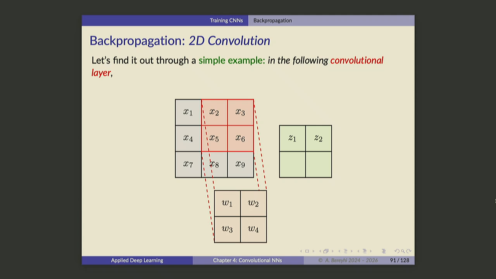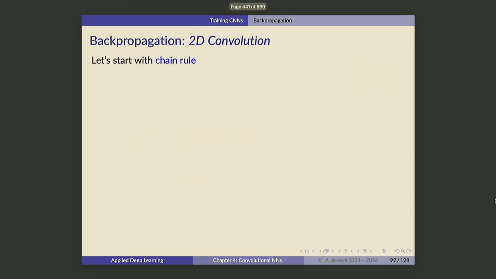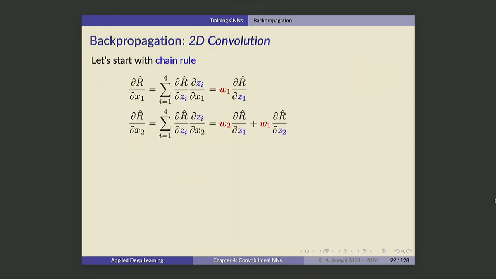You see that? And of course, the other terms are 0 because x2 does not show up in those computations, right? So it's going to be like this, right? w2 gets multiplied to the gradient with respect to z1, w1 to the gradient with respect to z2, right? Everybody's cool? Questions?